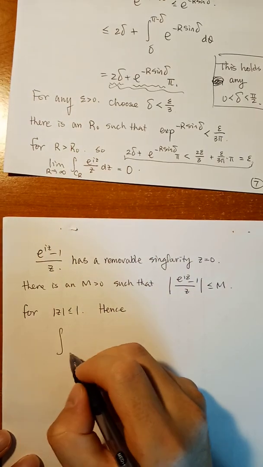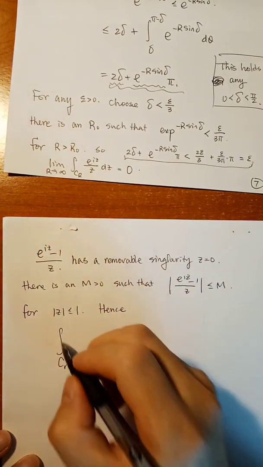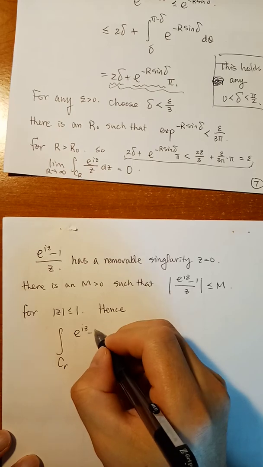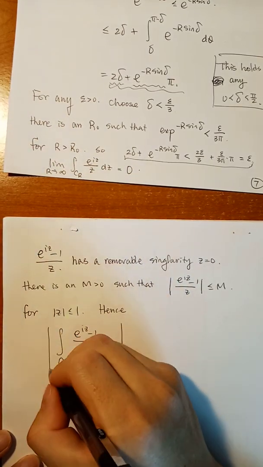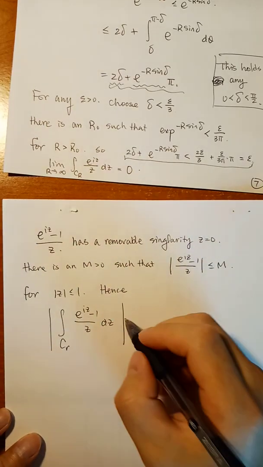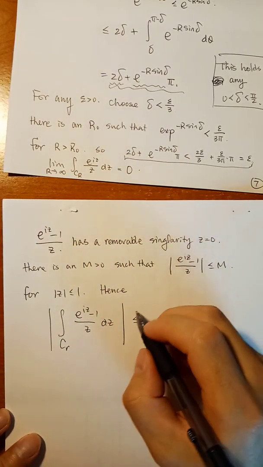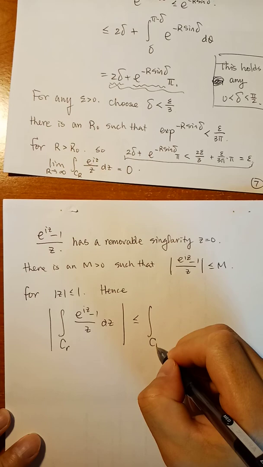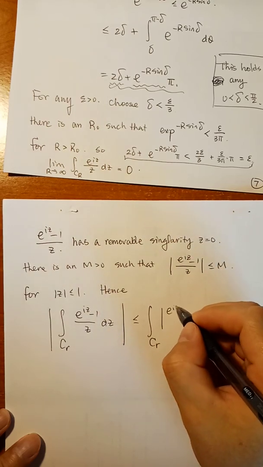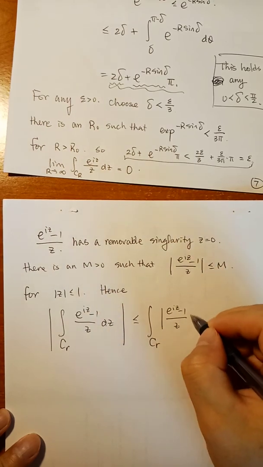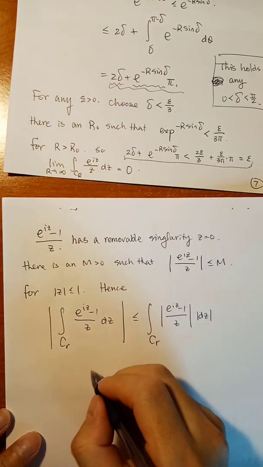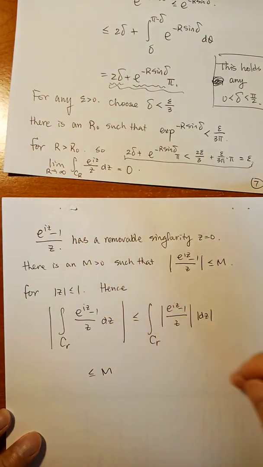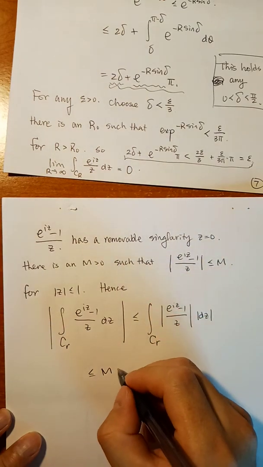Hence the integral over C little r of (e to the iz minus 1) over z dz is less than or equal to the integral over C little r of the absolute value, which is bounded by M times the length of the semicircle, pi r.